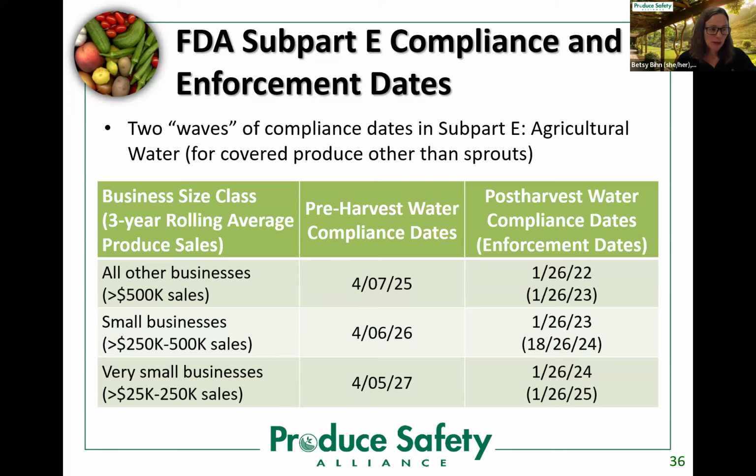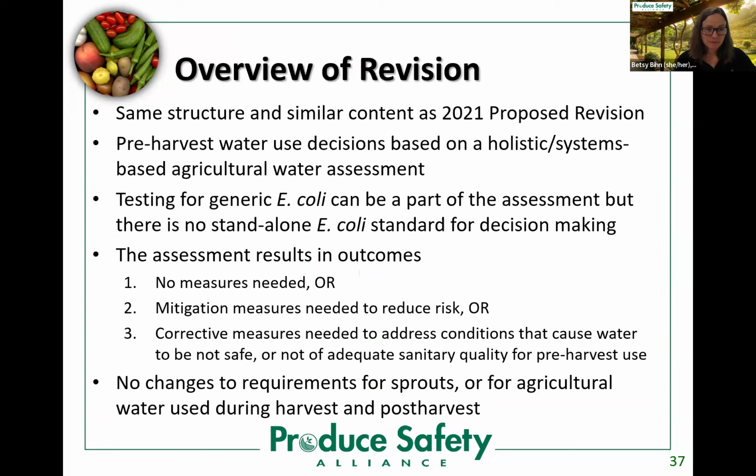Okay, next slide. In terms of the overview of what we saw in the revisions, it lines up well, with a few minor things, to the 2021 proposed revisions. You're looking at water, not from a test metric standpoint, but from a systems assessment, which is the agricultural water assessment.